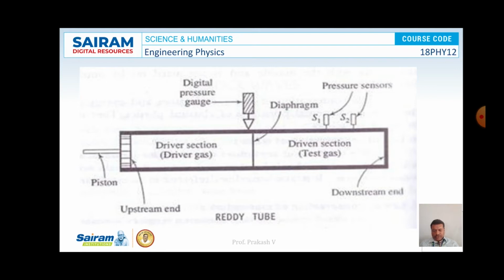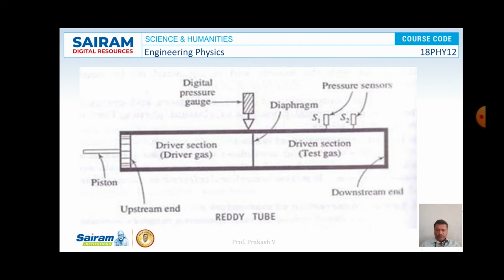The piston is fitted at the far end of the driver section, whereas the far end of the driven section is closed. A digital pressure gauge is mounted in the driver section next to the diaphragm. The two piezoelectric sensors S1 and S2 are mounted 70 mm apart. So this is the design of the Reddy shock tube.